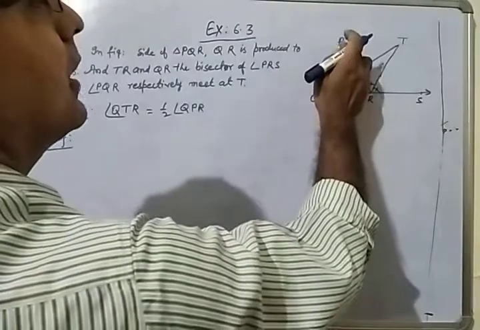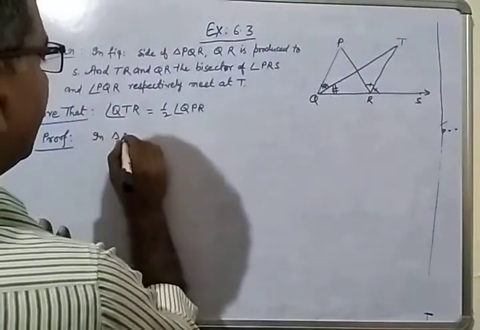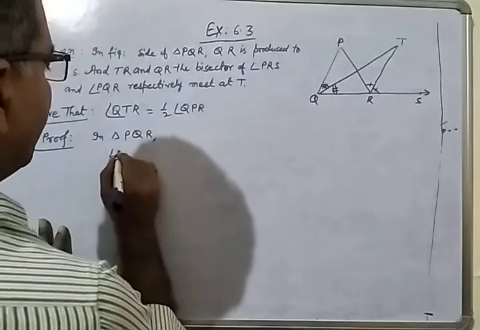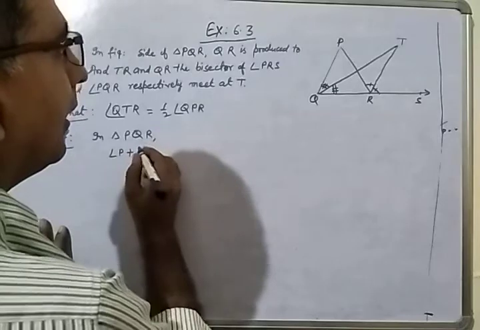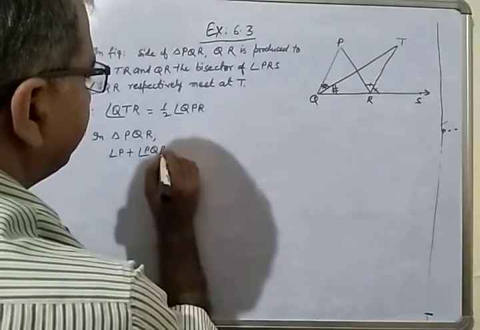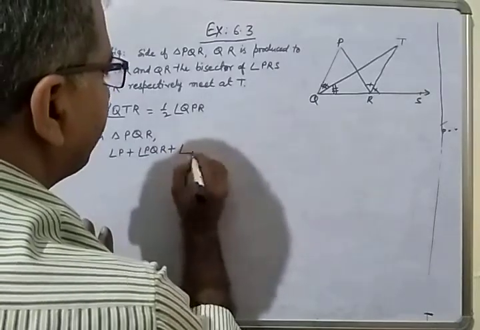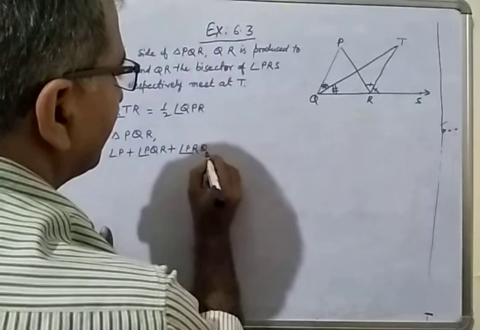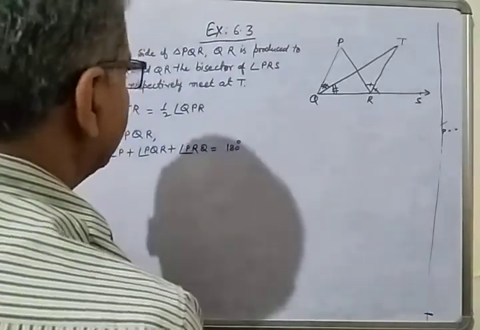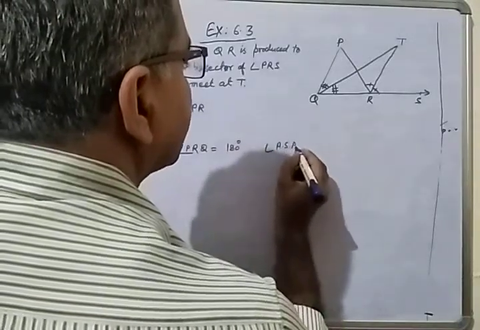We take triangle PQR. Angle P plus angle PQR plus angle PRQ equals 180 degrees by ASP, the angle sum property.